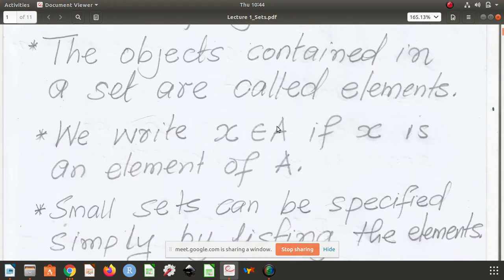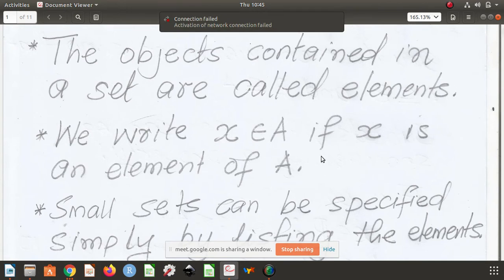There's this shorthand we have here. If x is an element of the set A, this is how we write it as a shorthand. So if I have a set containing say the following numbers, 3, 4, and 5, then I can say 3 belongs to that set.